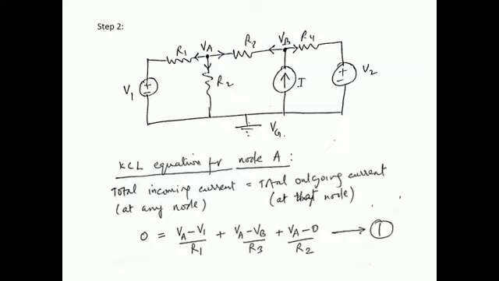For node A, the total incoming current will be equal to the total outgoing current. The total incoming current is 0 for node A, and the total outgoing current is (VA minus V1) by R1 plus (VA minus VB) by R3 plus (VA minus the ground reference) by R2, and let this be equation number 1.